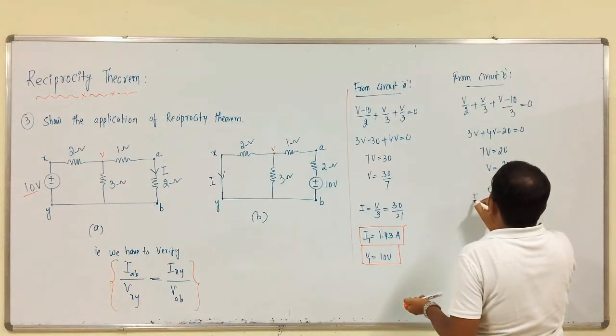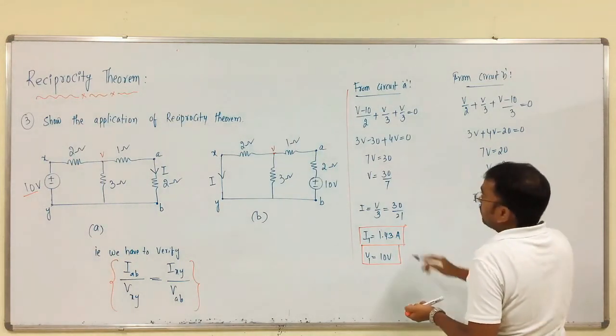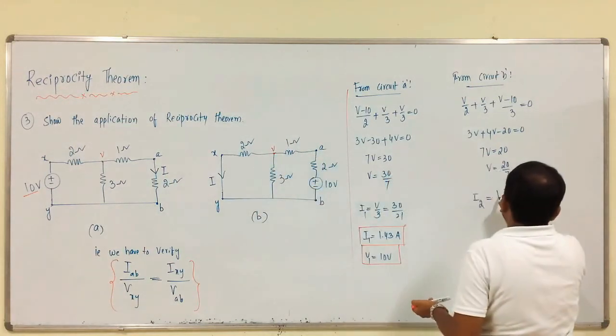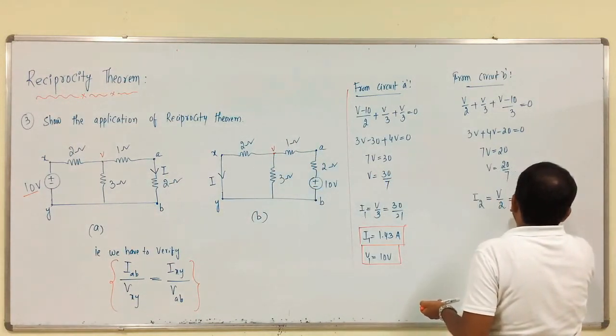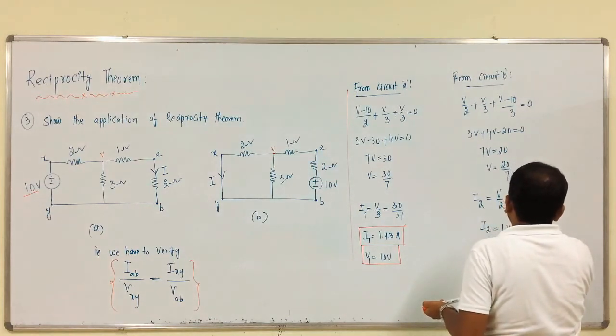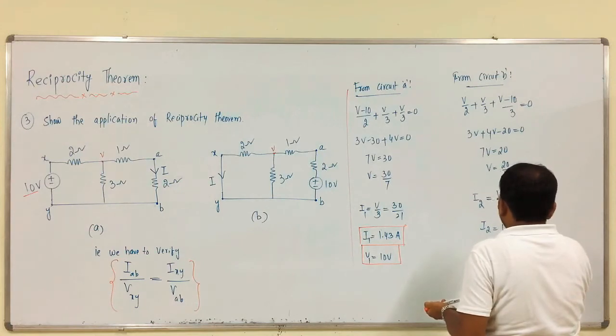Therefore, we have to calculate the current I2, right. This is I1, I2 is this one, V by 2, which is equal to 20 by 14. Therefore, I2 is equal to 1.43 amps. Like that, V2 is 10 volts.